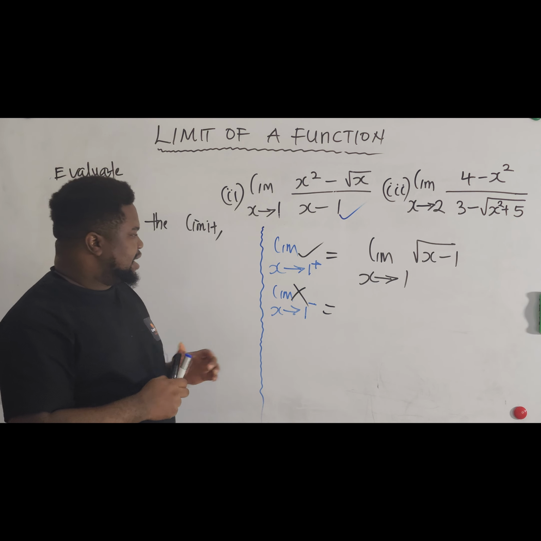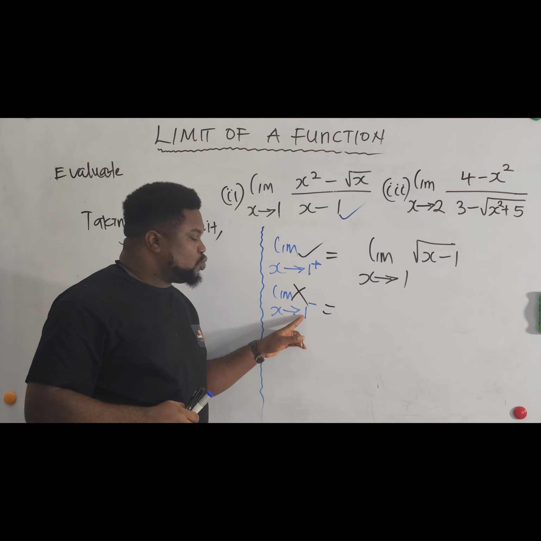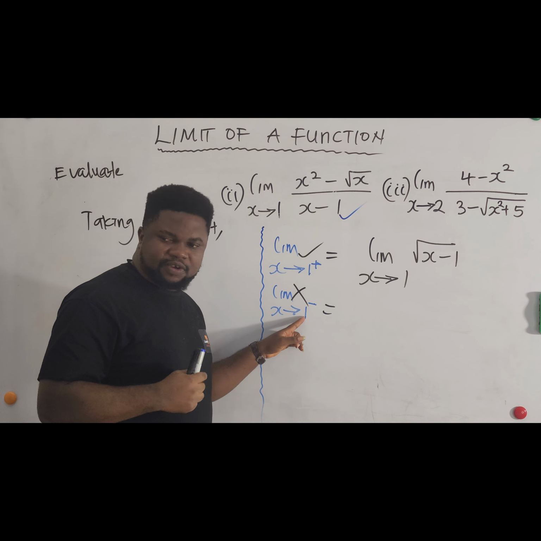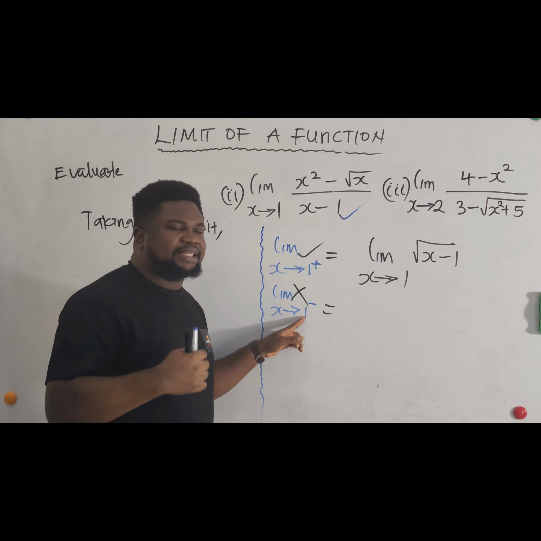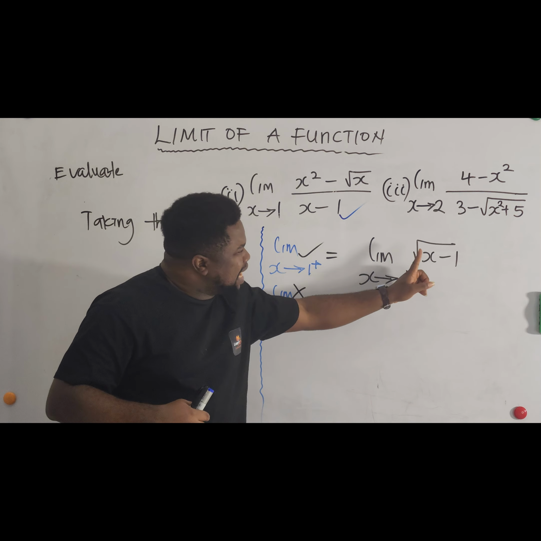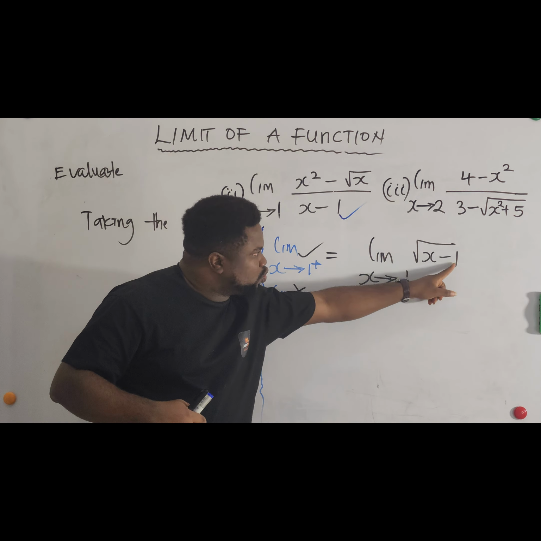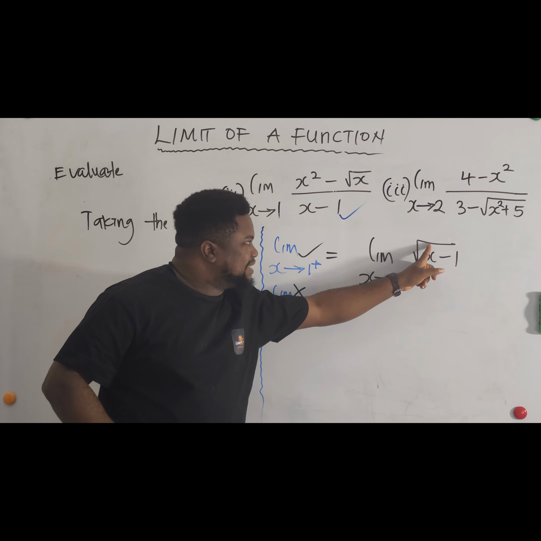Why? Numbers close to 1 and less than 1, for instance 0.999, and 0.999 minus 1 will give us a negative value.